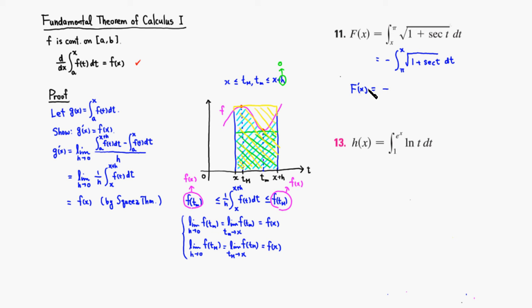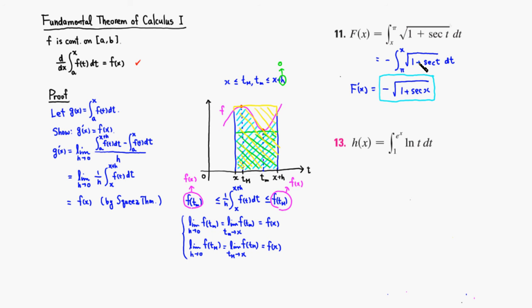Taking a derivative is basically equivalent to stripping the integral sign off, then making sure to put the x instead of t. So we would have the square root of 1 plus secant of x. And this is the derivative that we're looking for.